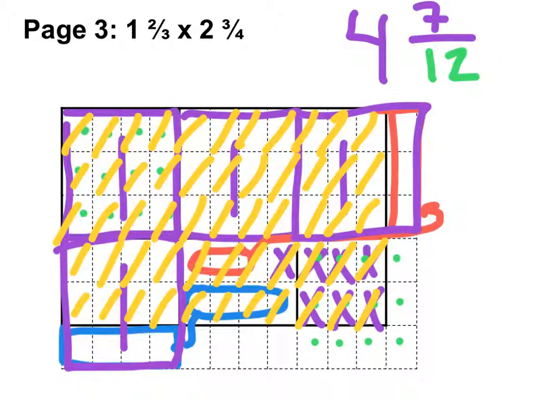So you could also have said that the answer was 55 pieces when there are 12 pieces in the whole. And that would have been fine too. That is still the area of the rectangle.